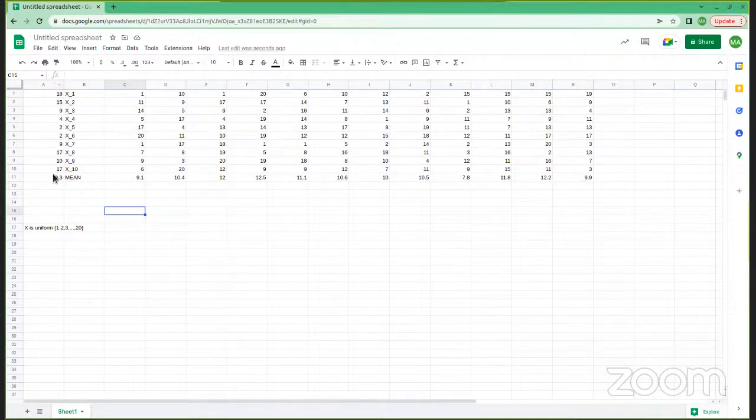You see, the sample mean of these 10 samples is 10.3. The sample mean of these 10 samples is 9.1. Then 10.4, 12, 12.5, 11.1, 10.6, 10, 10.5, 7.8, 11.8, 12.2, 9.9. Even this mean is also a random variable.